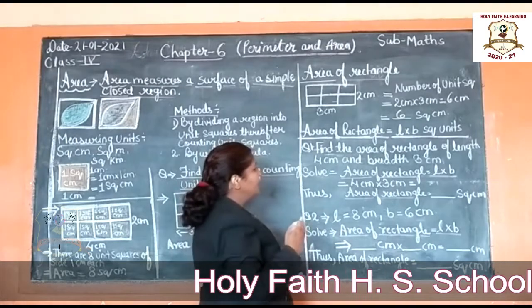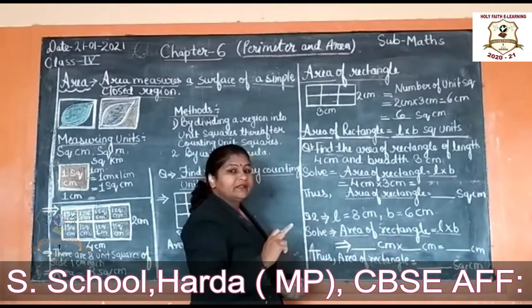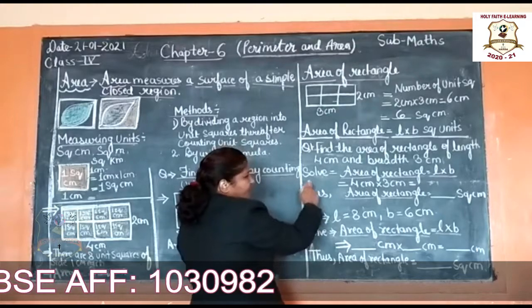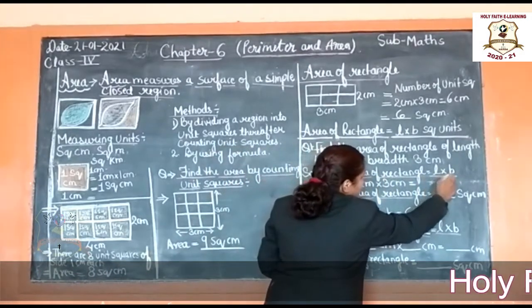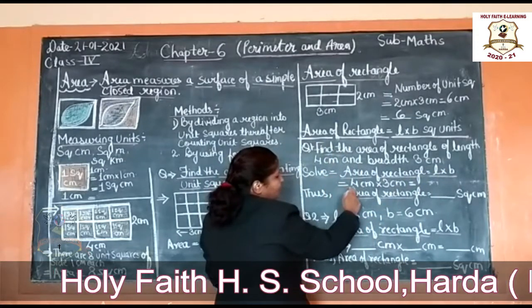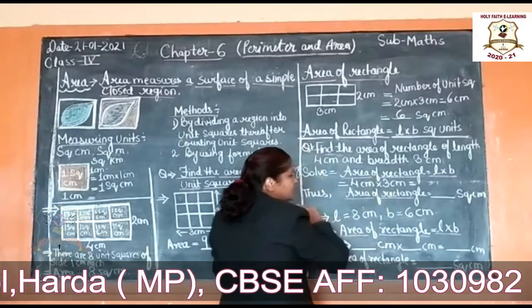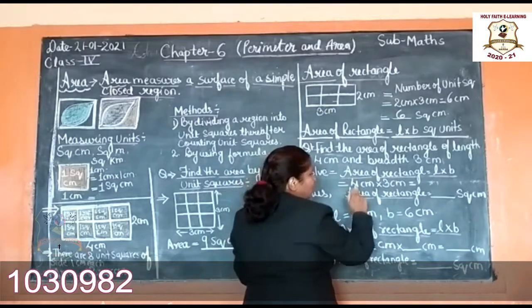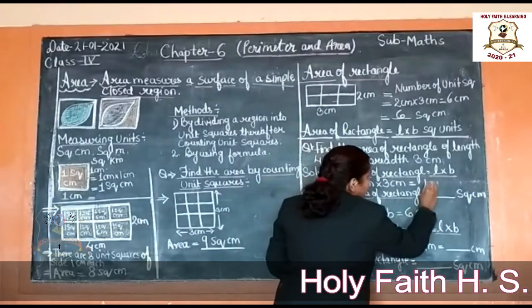So what is our formula? Area of rectangle is equal to length into breadth. So what is our length? 4 centimeter. And what is our breadth? 3 centimeter. So we will multiply it, length into breadth. 4 into 3, 4 3s are 12.